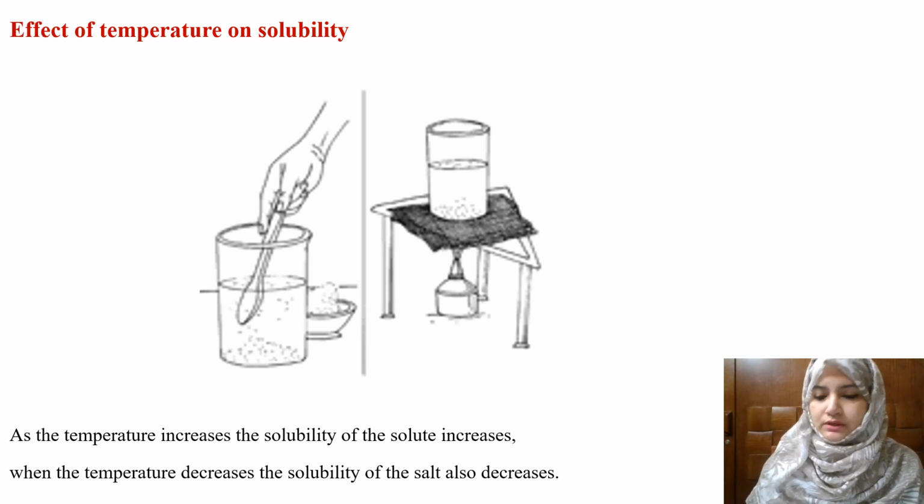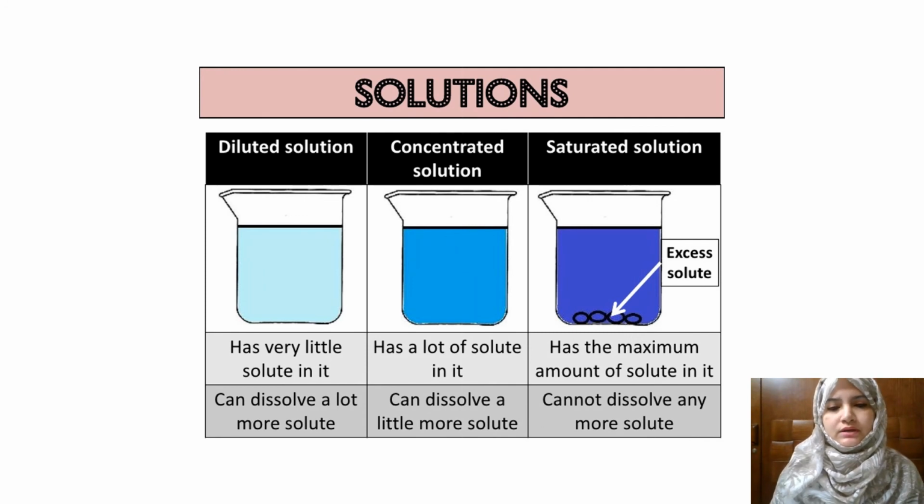And now we can make a comparison between different types of solutions with different concentrations, that means at first the dilute solution. The dilute solution has very little solute in it, and the concentrated solution has a lot of solute in it, and the saturated solution has the maximum amount of solute in it.